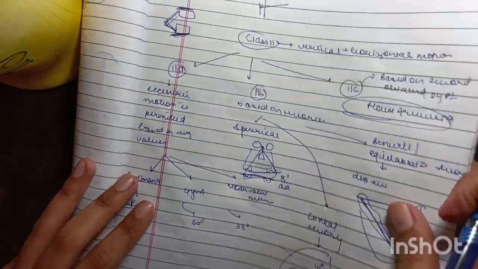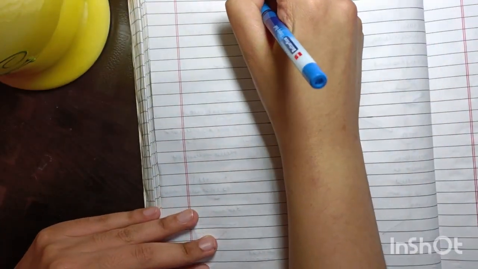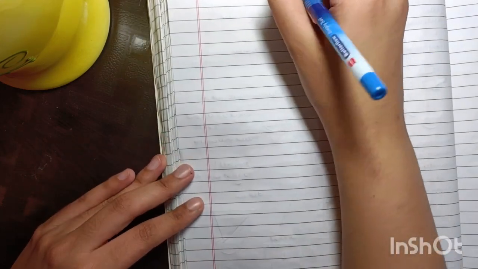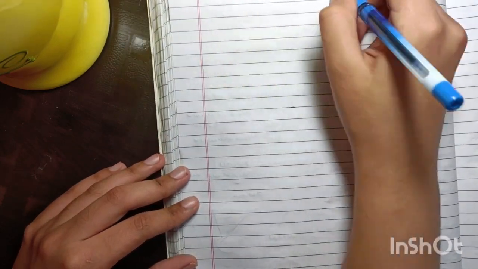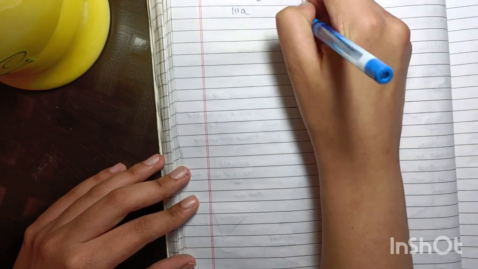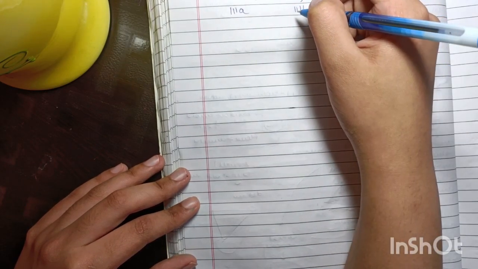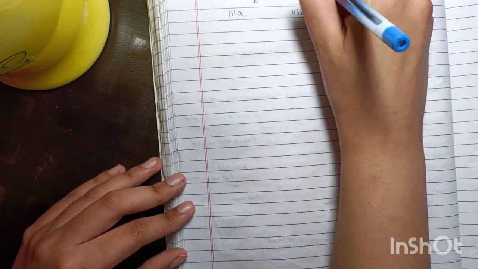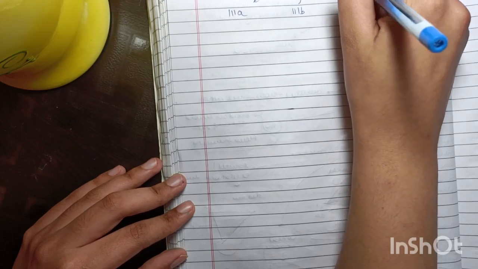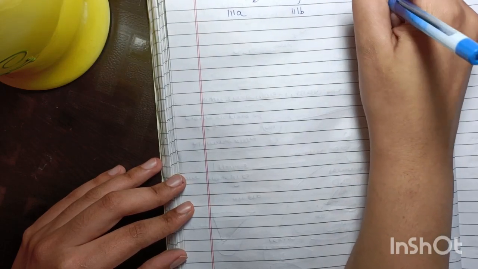Now coming on to class 3. It is also divided into 3A and 3B. In this, centric as well as eccentric motion is simulated.